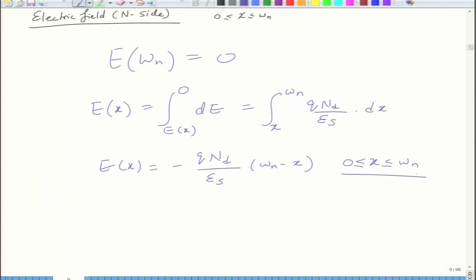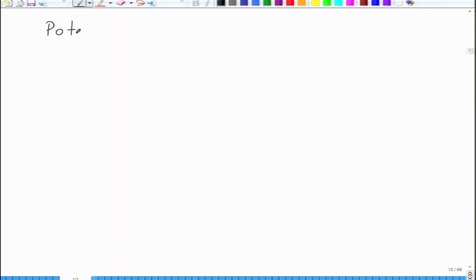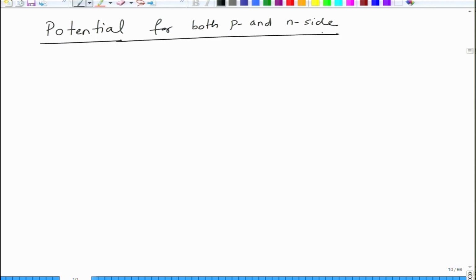So this is how we calculate the electric field, and next we look at the potential across the depletion region, from the edge of the depletion region on the P side to the edge of the depletion region on the N side. We know that d phi by dx is equal to minus E x, and again you can do this by integrating.